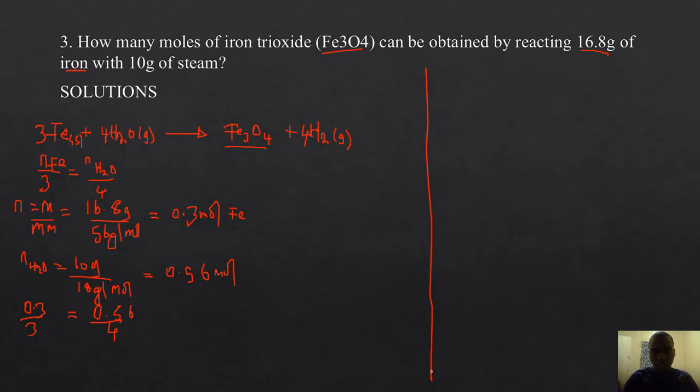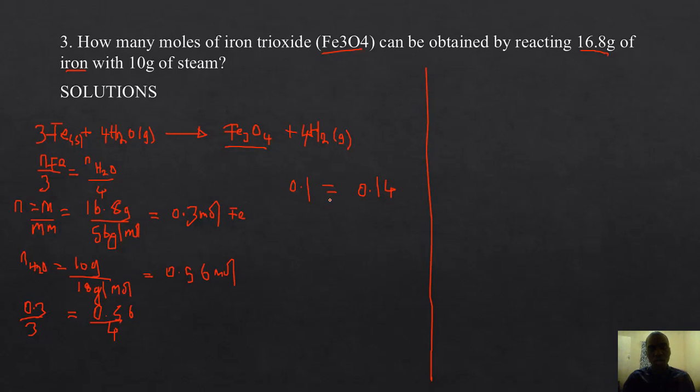So 0.3 divided by 3, obviously that one will be 0.1, you can even use a calculator. Then you can also divide 0.56 by 4, and this one is giving us 0.14.